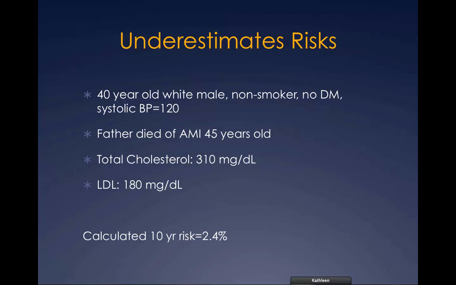But what they found was that it overestimated the risk by 75 to 150%. So, what does that mean? That means that a lot more patients are going to be on statins. So we have to seriously take a look at that too.